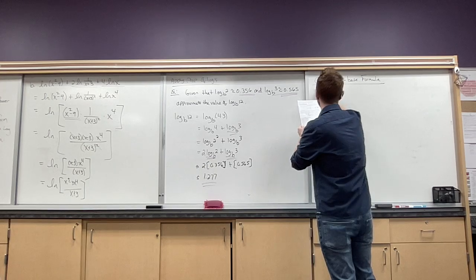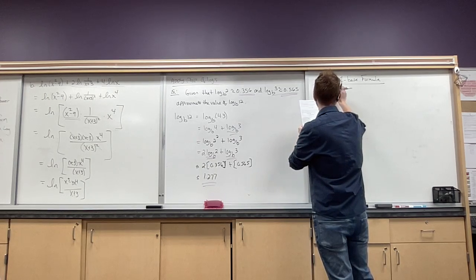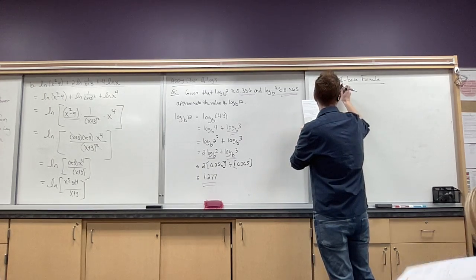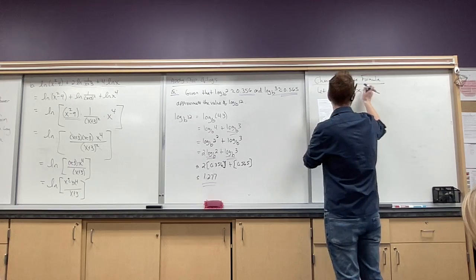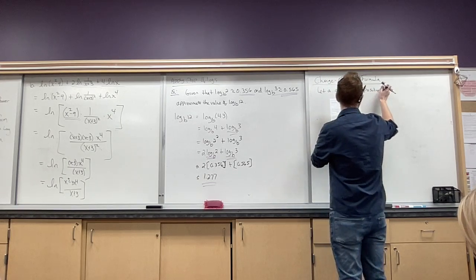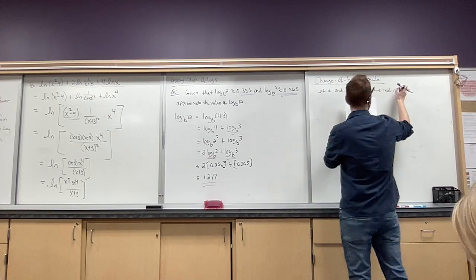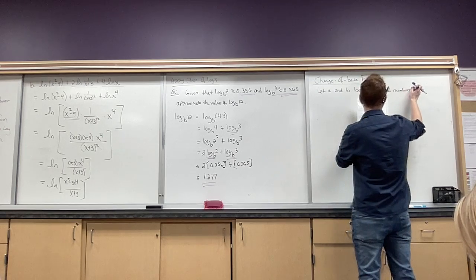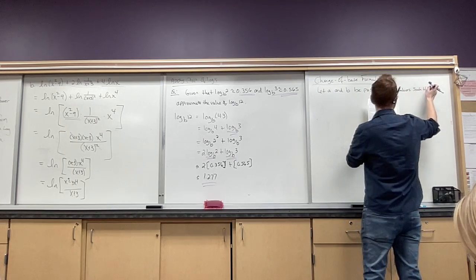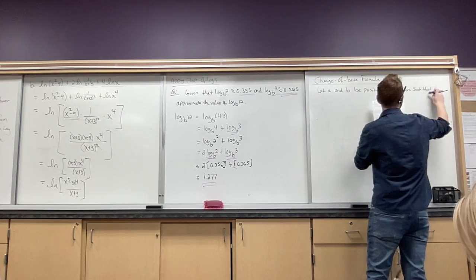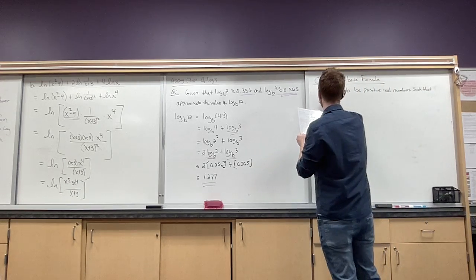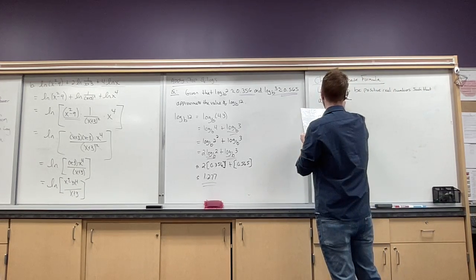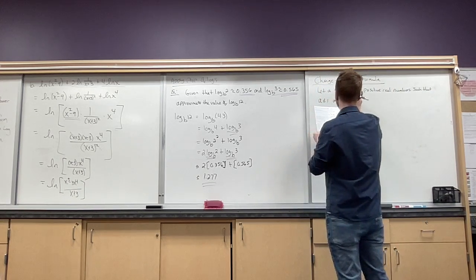Let A and B be positive real numbers such that A can't be 1 and B can't be 1.